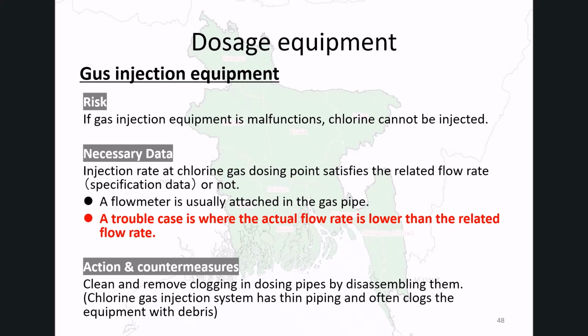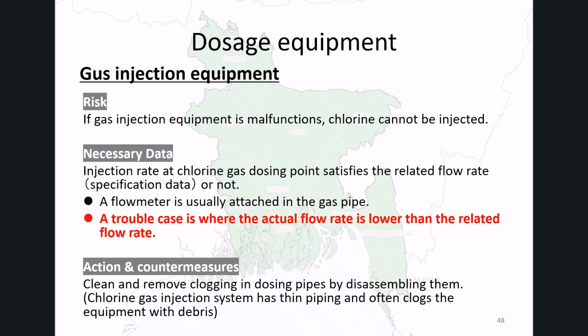A flow meter is usually attached to the gas pipe, but again, this value must be verified. And similar to the previous explanation, a trouble case is where the actual flow rate is lower than the designed flow rate.